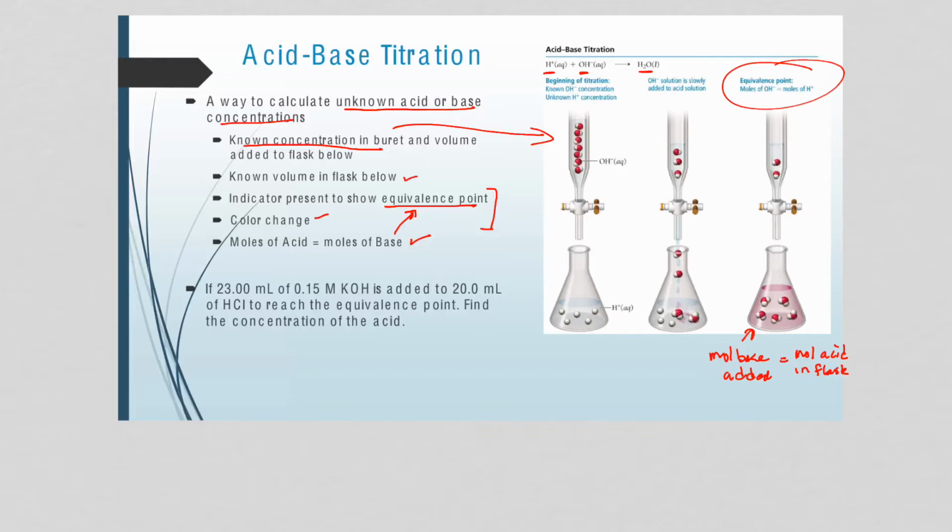So we're going to start with what we know the most about, which is our base. We have 23 milliliters. Now, we need this in liters. So let's remember that 1 milliliter is equivalent to 1 times 10 to the minus third liters.